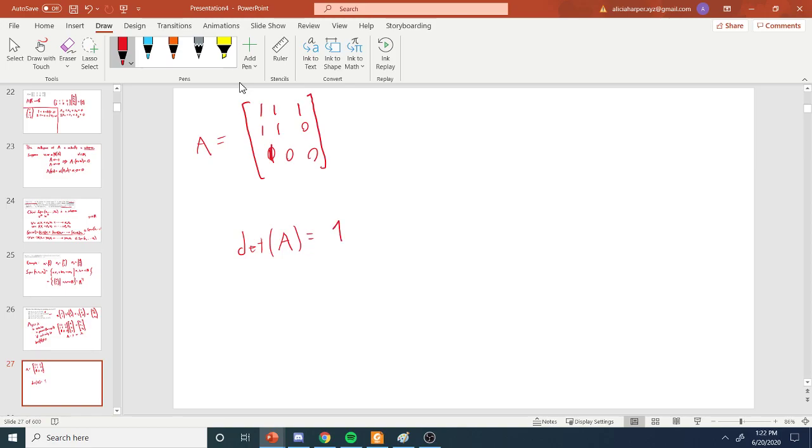So 1 times the cofactor corresponding to this submatrix, and then minus 1 times the cofactor corresponding to this, and then plus 1 times the cofactor corresponding to this submatrix.